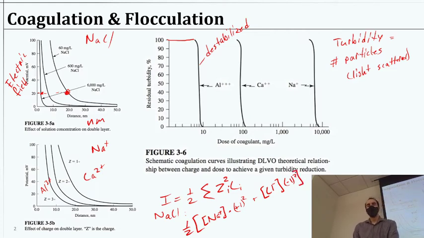Whereas if you had, let's say, aluminum sulfate or alum, then you would have to figure out that for every time I dissolve one of these, 1 mole of alum gives you 2 moles of aluminum ions, and 1 mole of alum gives you 3 moles of sulfate ions.